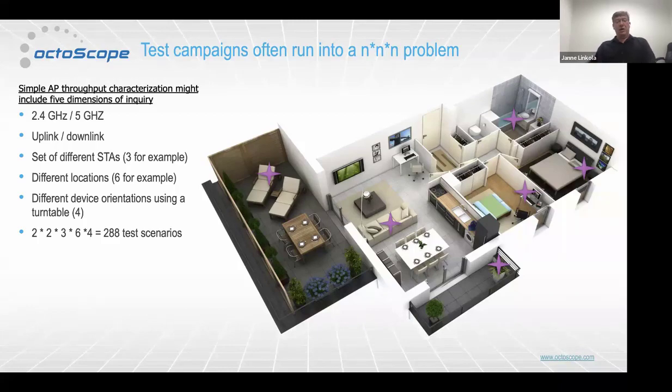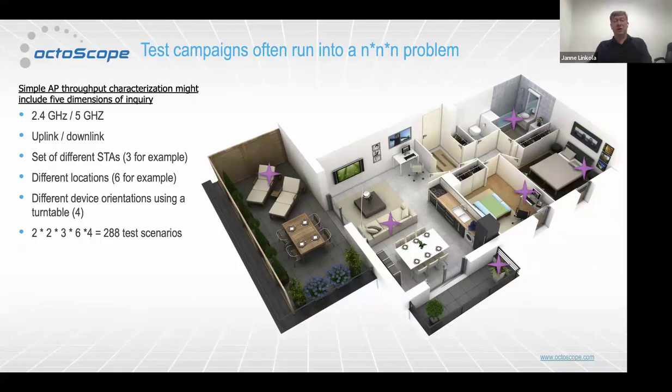Well, the performance of an access point is really a function of, we might be interested in looking at how it performs in 2.4 gigahertz, how it performs in 5. We might be interested in the uplink performance, downlink performance of different kinds of stations. We might be interested in a high-end, let's say, a laptop that has a multi-MIMO capability, maybe a medium device, maybe like a smartphone, and maybe a legacy device.